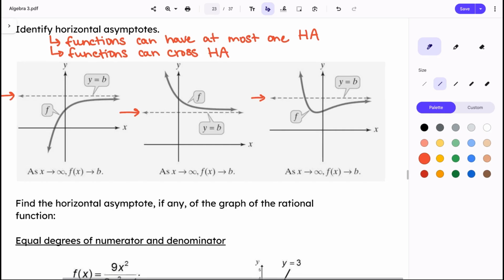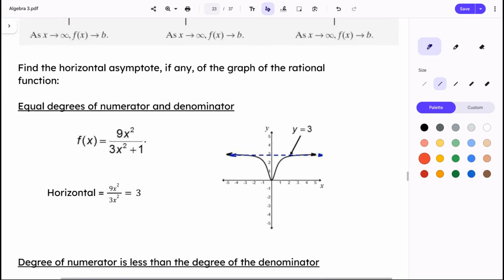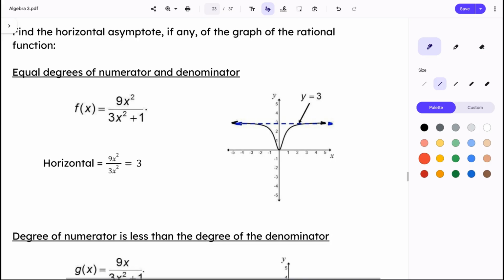So in order to find them, there's a couple of different ways that these can show up, and they kind of change depending on what you're maybe given in your equation. So the first case, I'm going to highlight this here, is when you're looking at your function, so you're looking at your numerator and your denominator, if the top and the bottom have equal degrees, that's going to be one situation for our horizontal asymptotes here.